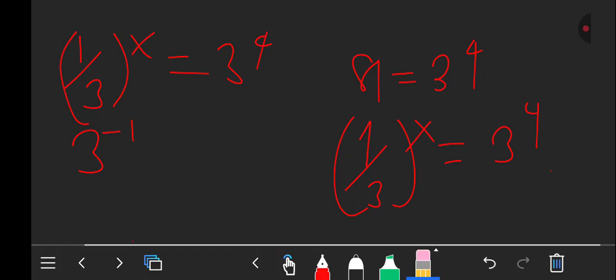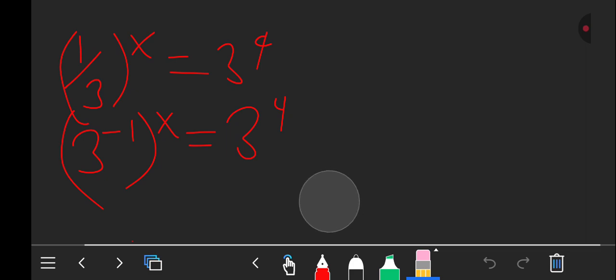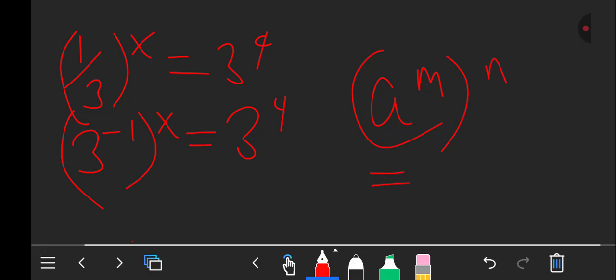So this is what we've done here. Then of course we have x there to be equal to 3 to the power 4. There's another law of indices which says when you have a to the power m, then everything raised to the power n, this is the same as a to the power mn.